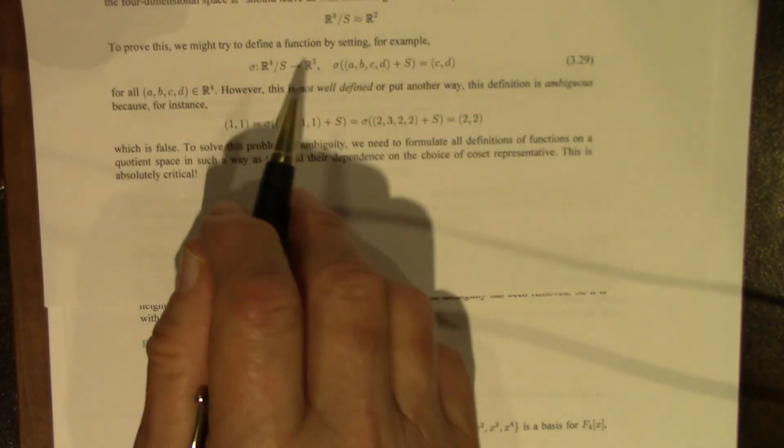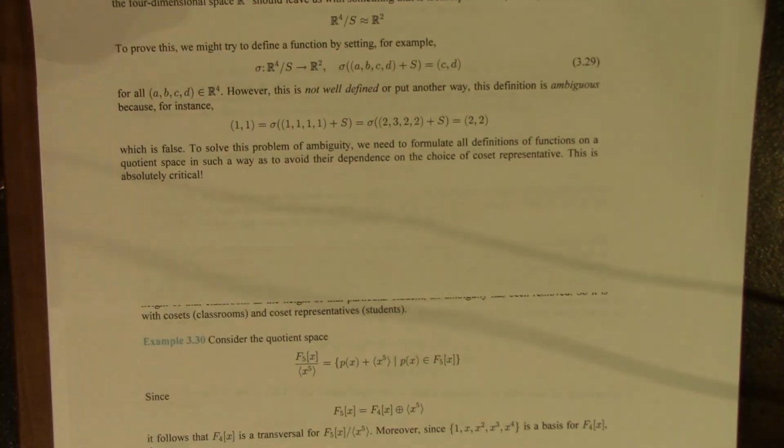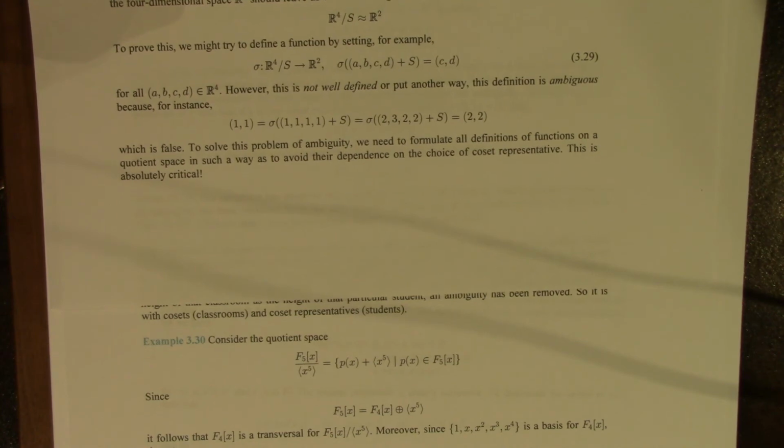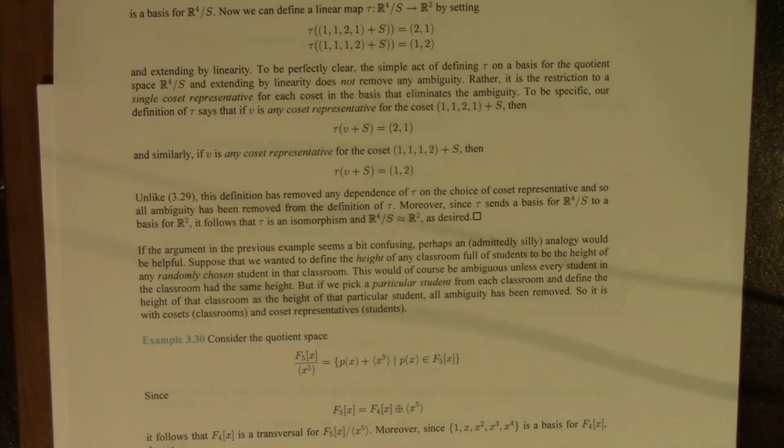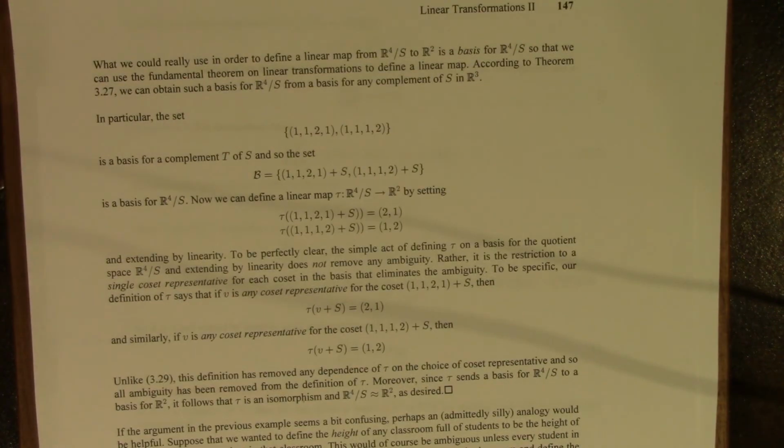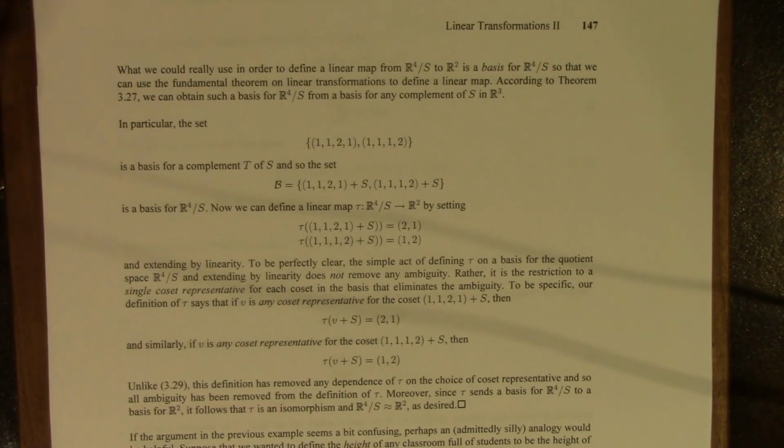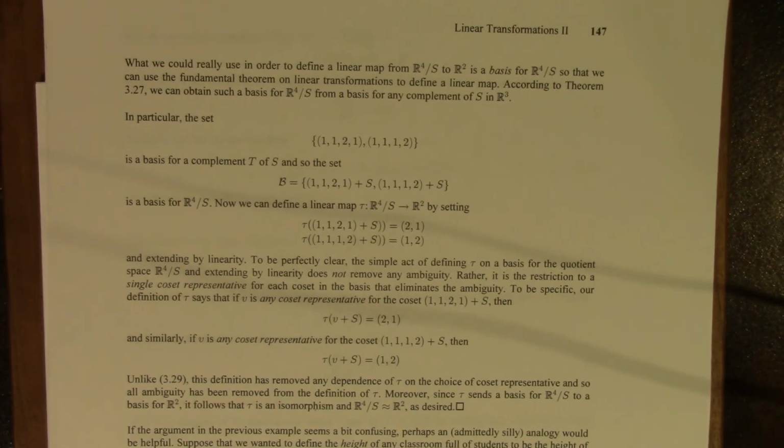But also, to define a linear map, the usual way is to start with a basis, and then you can assign the basis vectors any way you want, and then use the fundamental theorem of linear transformations to extend by linearity.